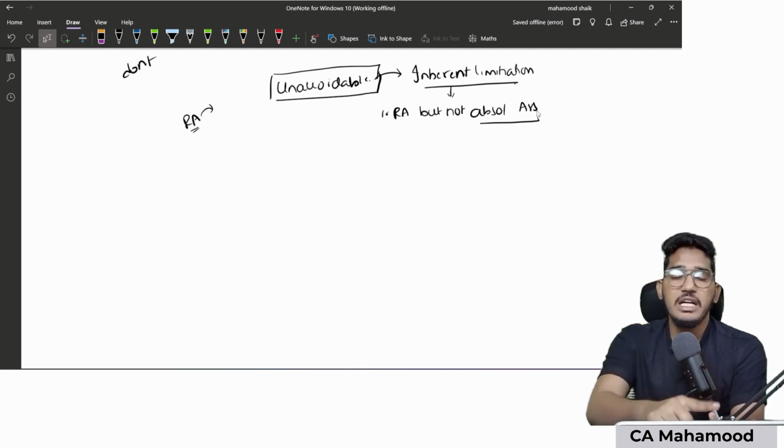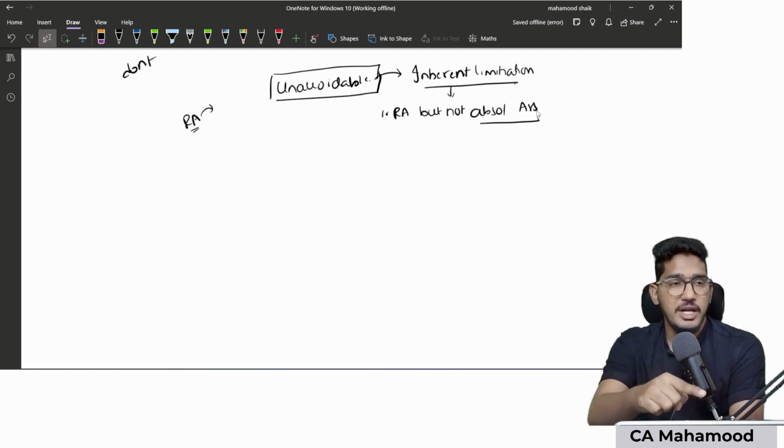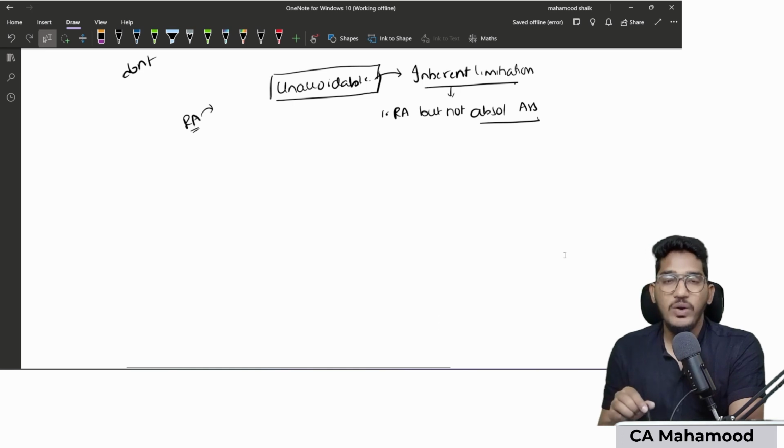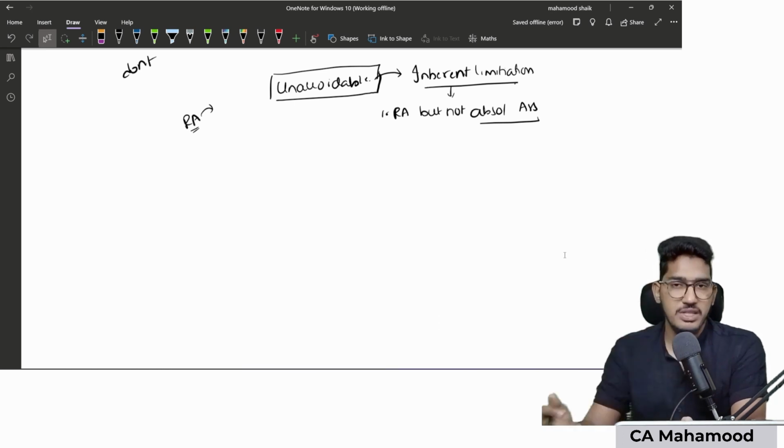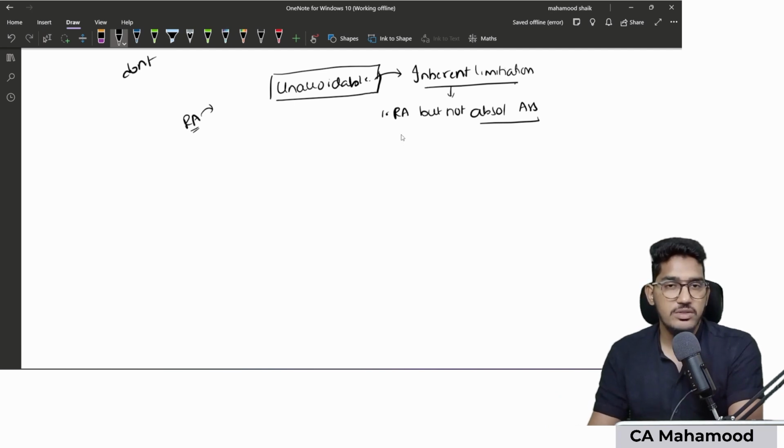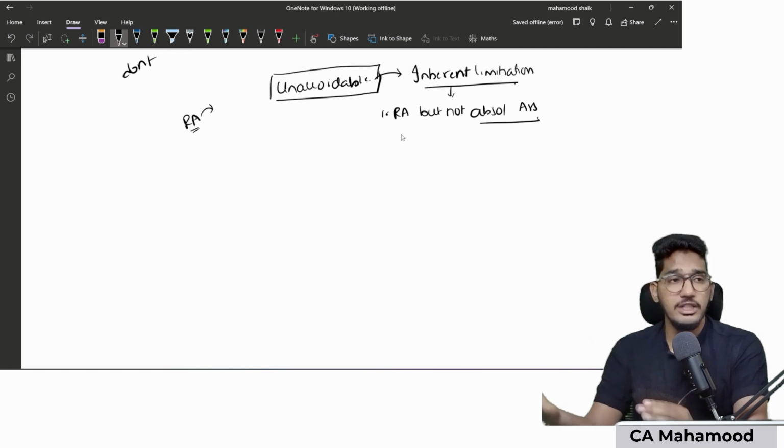That's why from the beginning I was always saying an auditor can only express an opinion, but I never said an auditor will give a guarantee. Why can't the auditor obtain absolute assurance, sir? Because there are some inherent limitations which will make the auditor's opinion go wrong. There is a possibility that the auditor's opinion can go wrong in the future.